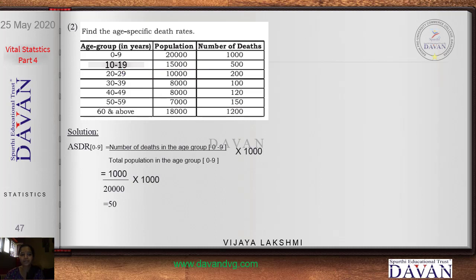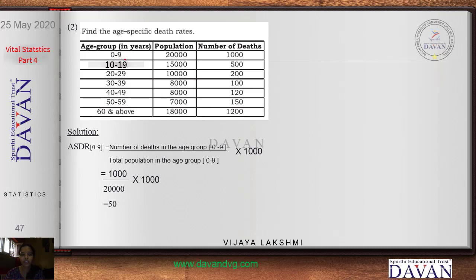Is it clear? So now write the formula ASDR for the first age group 0 to 9. You may have a thought in your mind: why should I calculate the ASDR here for 0 to 9, as we were considering the childbearing age 15 to 49 in the previous problems.